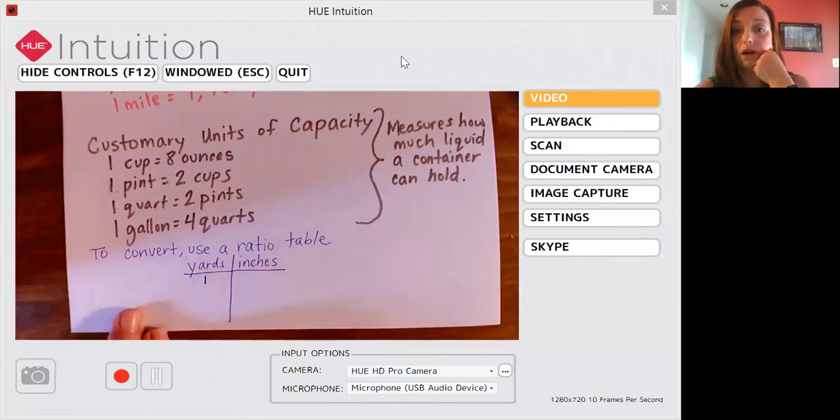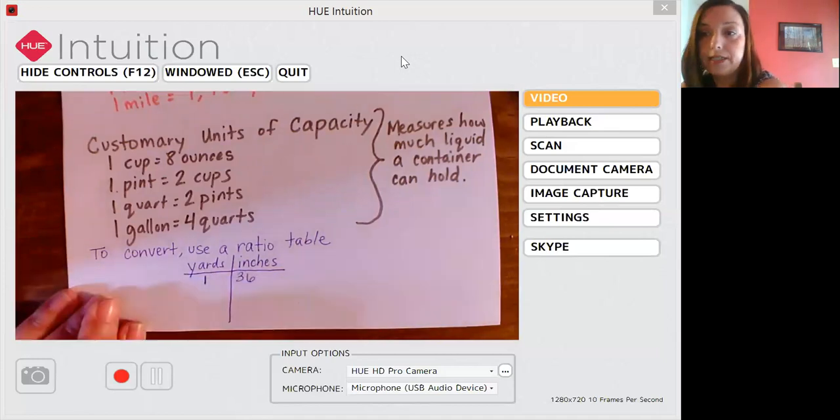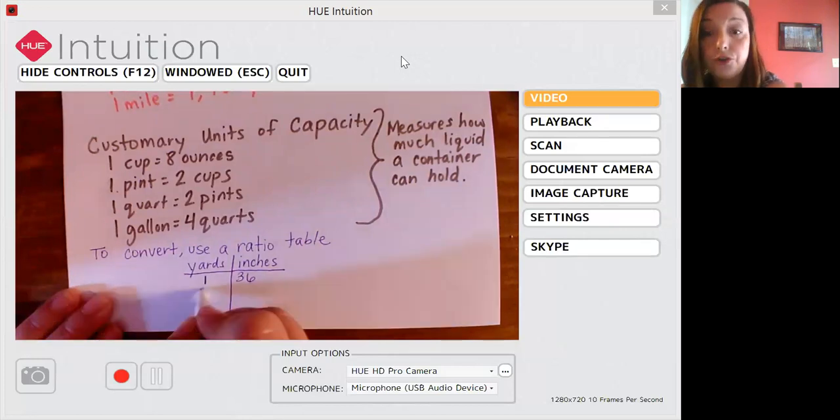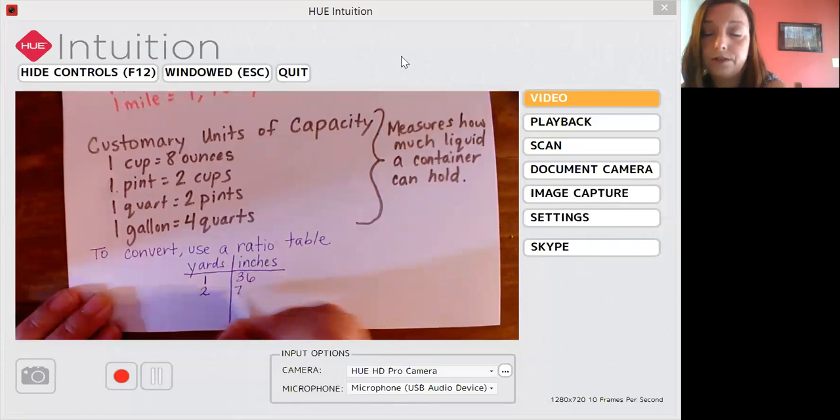If there are 12 inches in each foot, then we would say 12 plus 12 plus 12, or 12 times 3, which equals 36. So in 1 yard, there are 36 inches. If we double that and we now have 2 yards, double 36 would be 72 inches.